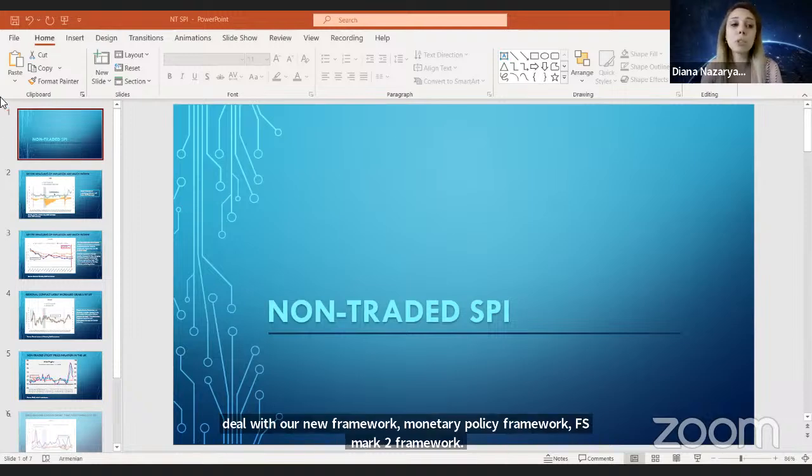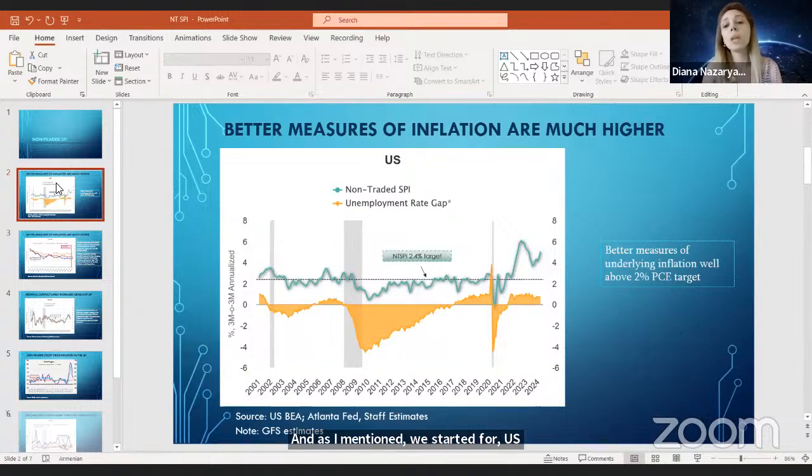And as I mentioned, we started with the US. This better measure of inflation gives us much deeper information about the ongoing processes in the economy at this point.